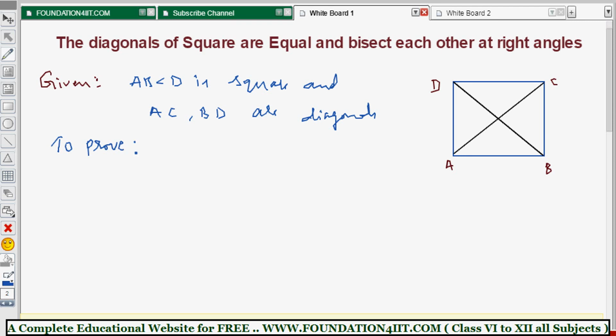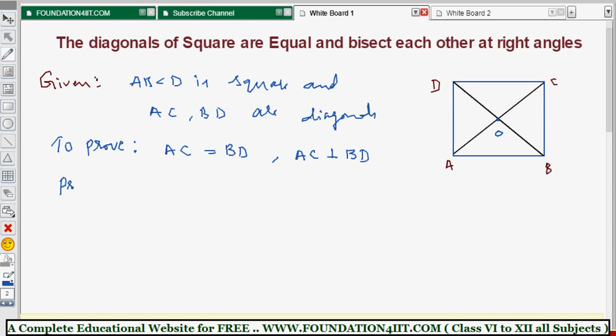I need to prove here that AC is equal to BD, and AC is perpendicular to BD also, because the diagonals bisect each other at right angles. If they intersect at O, we should prove O is the center point. That means OA is equal to OC and OD is equal to OB also we need to prove.